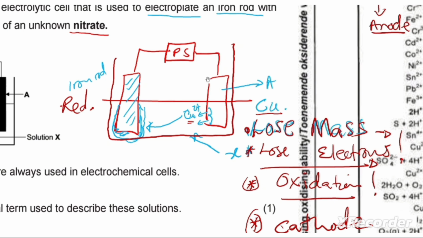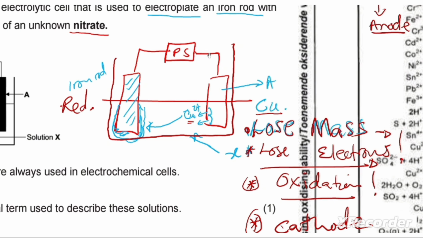Now, let's look at the power source for a few seconds. So if electrons are flowing that way through the external circuit, that means if I look at the power source itself, electrons will be flowing out on this left-hand side. And remember, we said from a power source, electrons flow out through the negative terminal, which means the negative terminal is on the left. Then automatically we now know that this is a negative electrode, negative to negative.